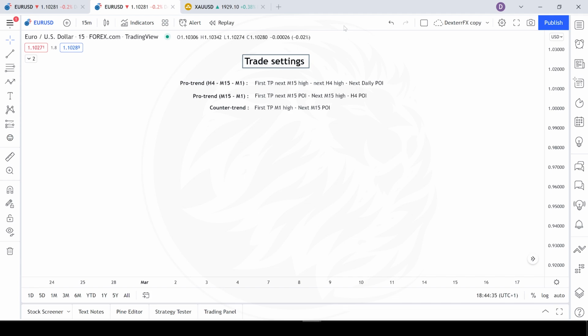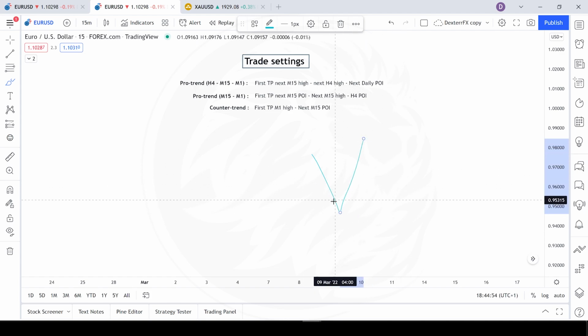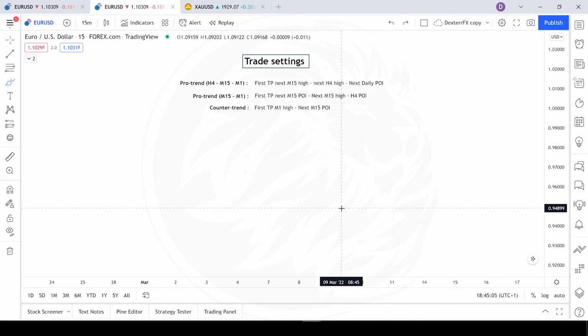MetaTrader will take your entry at the spread level, and that's why you have to add the spread level to your buy. If you don't do it and price comes back to your area in TradingView, and you have, for example, a 0.2 pip spread, but price just reacts from your price, you will not be in the trade, because in MetaTrader with the 0.2 pip spread, you are here, and so price doesn't tap you into the trade.